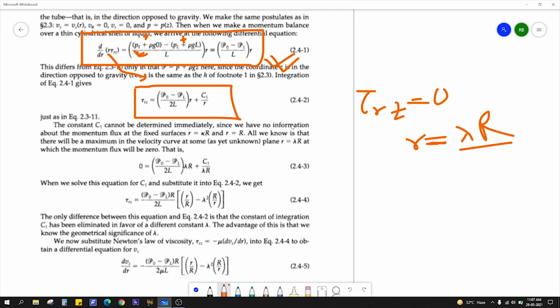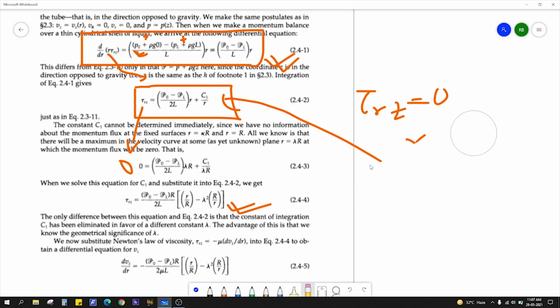So you just put lambda r here, and tau rz is 0 on this side. You can solve for C1, then put the C1 value here again and rearrange it, so you'll get this equation.